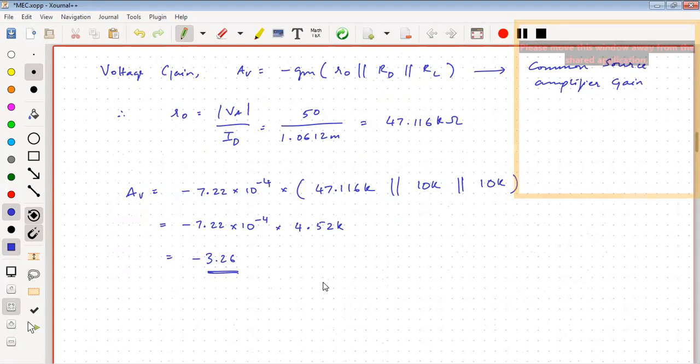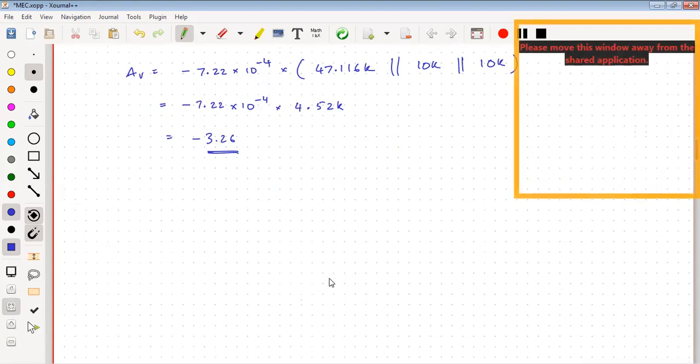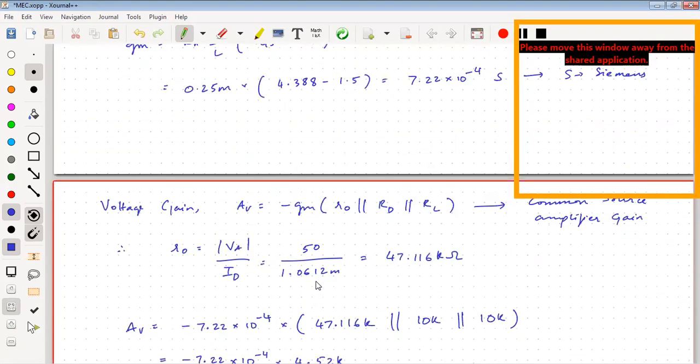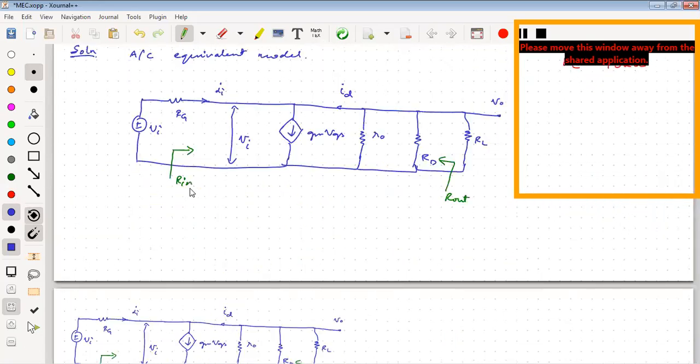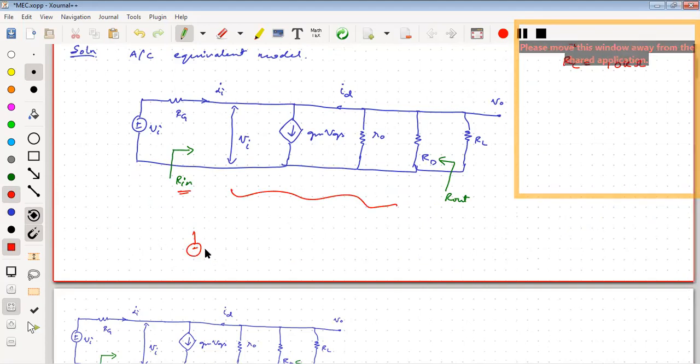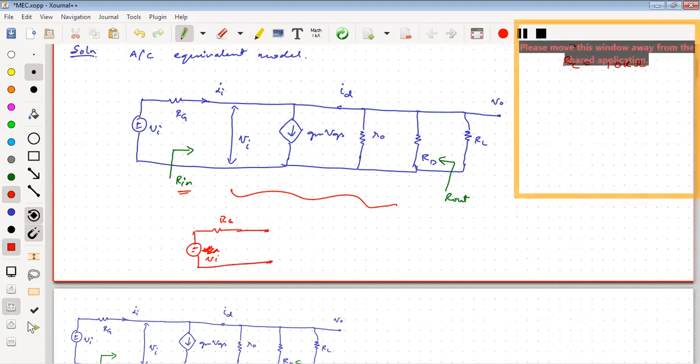Next, I have to find out Rin, the input impedance of the circuit. For that, let me look at the small signal model. So Rin is this value. To find Rin, I don't need all this. I can simply write like this: plus minus Vi, then Rg, then this is Ii. And I'll replace this entire thing with one resistance, and that I will call Rin.